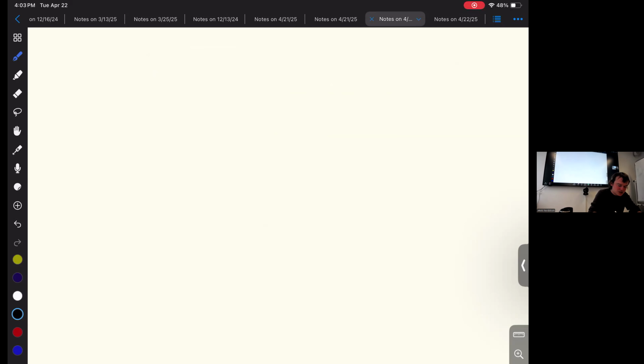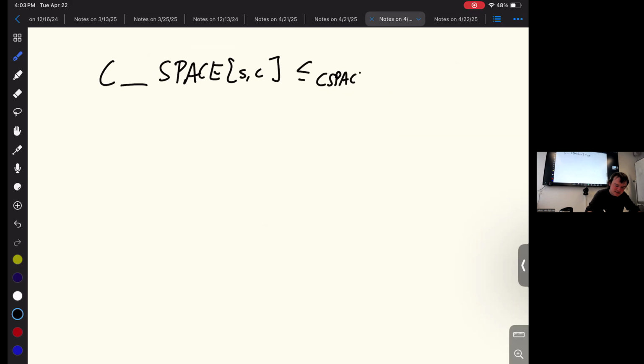So the formal statement that we show is C whatever space with basically anything you fill in, S comma C, reduces in C space S comma C to a blank space S algorithm.